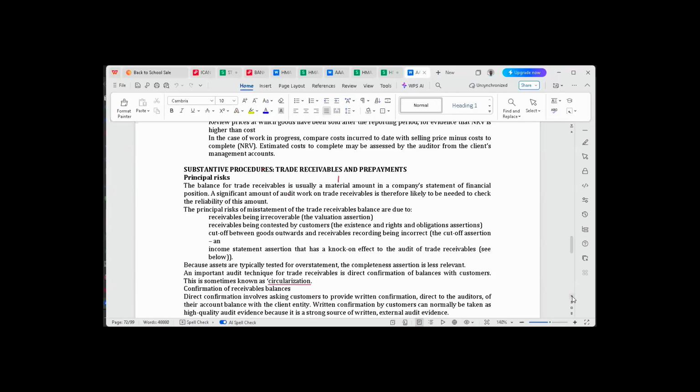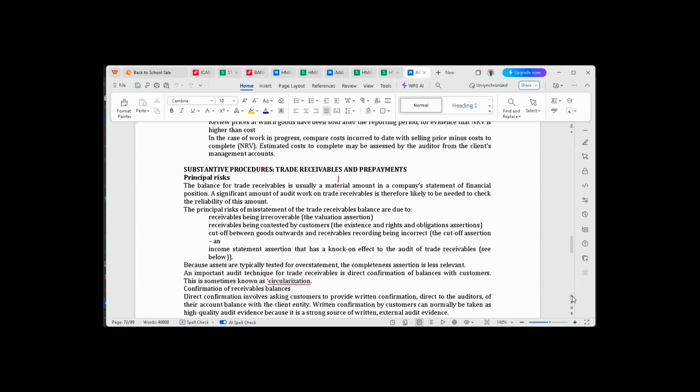So what am I trying to say? If the client management has recorded trade receivables to be 1 million naira in their statement of financial position, it's the duty of the external auditor to validate that that 1 million naira recorded in the financial position actually exists.